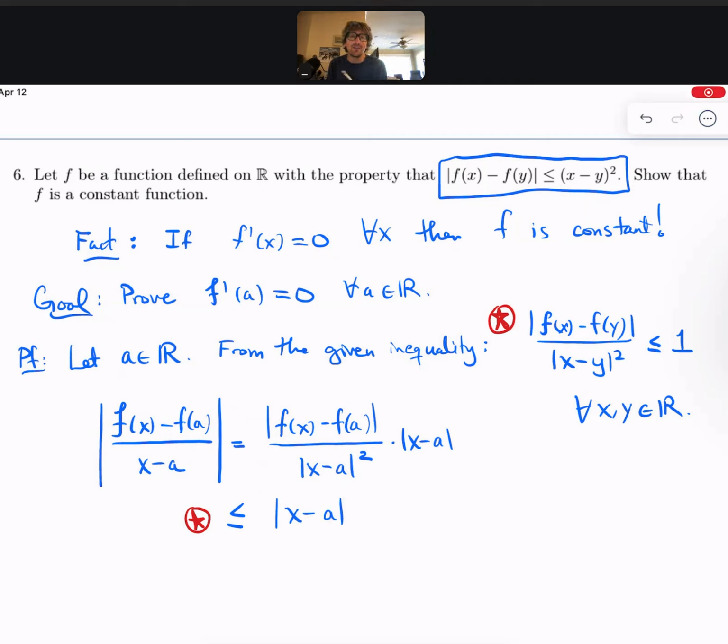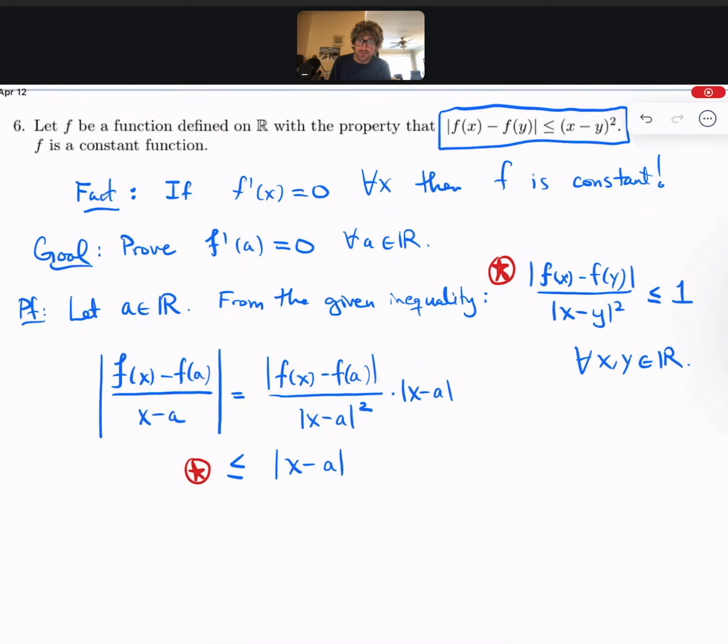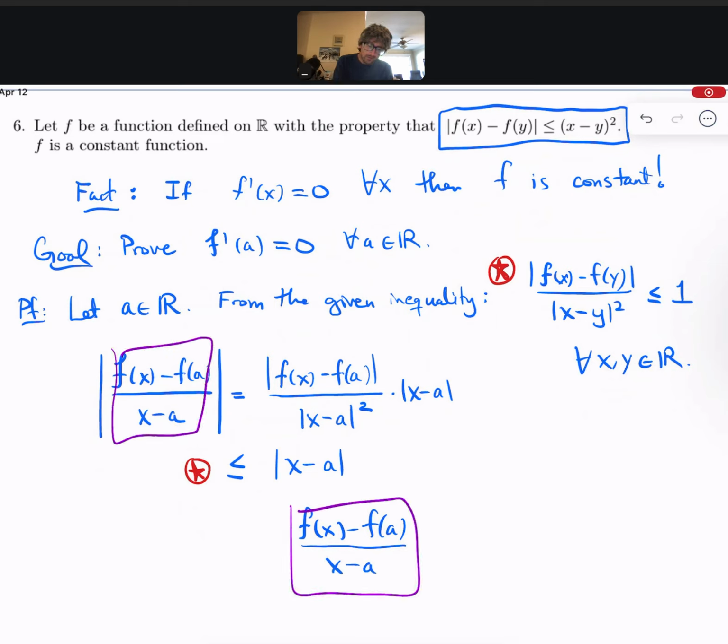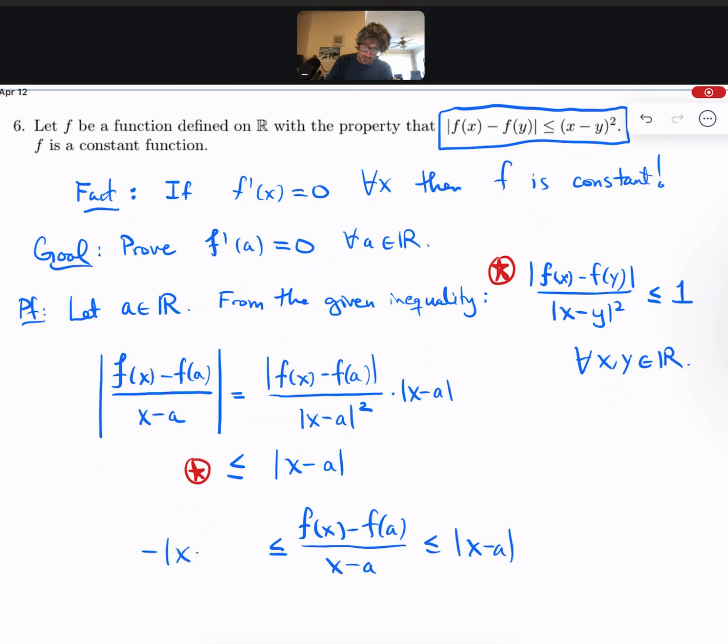And so now I have a really beautiful fact: if I take the original thing inside my absolute values, which is this difference quotient, that thing here, which I'll emphasize is this purple thing, if the absolute value of the purple thing is less than some positive number, the absolute value of x minus a, then that purple thing, that thing inside of the absolute values, has to be between the positive number and the negative number associated to it.